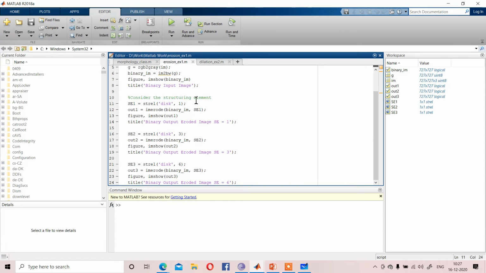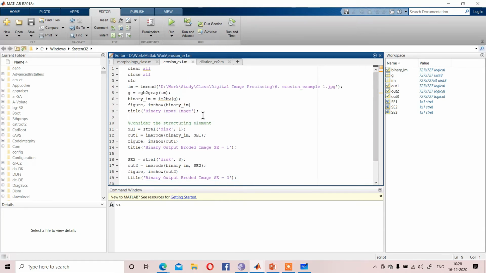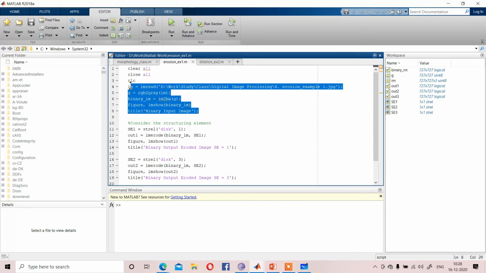check here, you need to mention the structuring element. So first, whatever I am doing, I have considered my input image and converted that input image into the binary range. How it is converted, just don't go to that part. I will explain it in a practical session in detail.